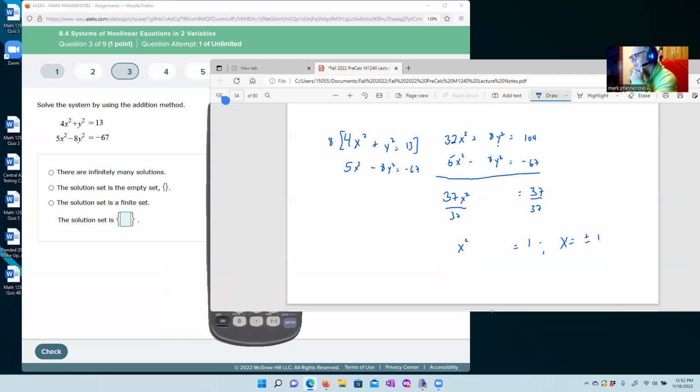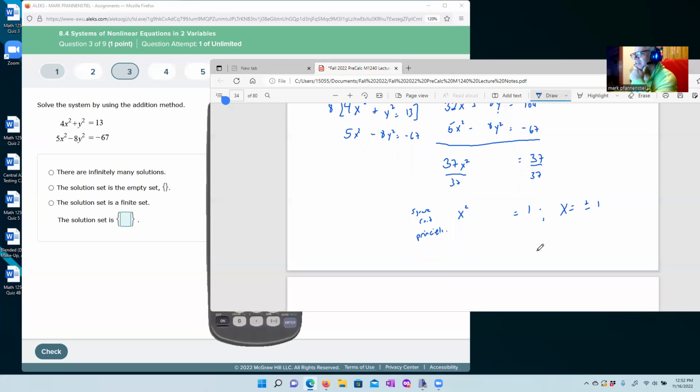Square root principle on both sides here. That's why I'm getting my plus or minus 1. Once I have x equals plus or minus 1, we've got to plug them back into the original equation. In this case, both of my equations have x squared, and there's no linear term.